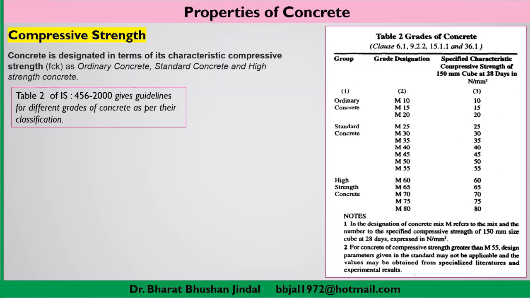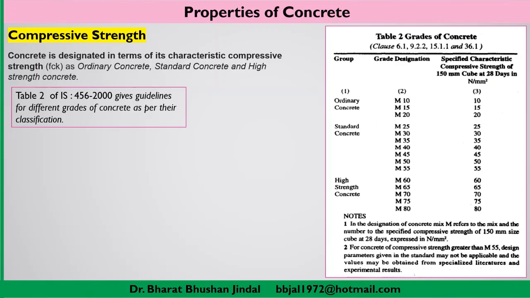So here in the first column, group, that means concrete is divided into some groups, then grade designation, then characteristic compressive strength of 150 mm cube size at 28 days, in Newton per mm square, more specifically as per the guideline mentioned in IS 516.